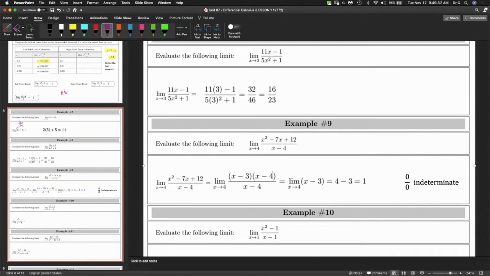But you notice that these x minus 4s cancel. And now you have just this question, and that question is easy. So if you have this easy question here, you plug in 4, now it's no problem. 4 minus 3 is 1. So that's how you do these questions where you get a 0 over 0 when you plug it in.